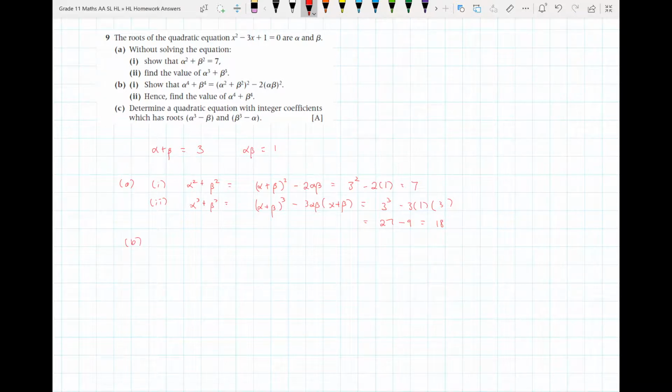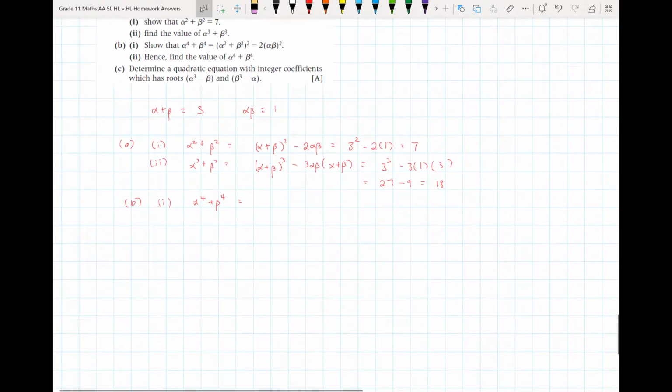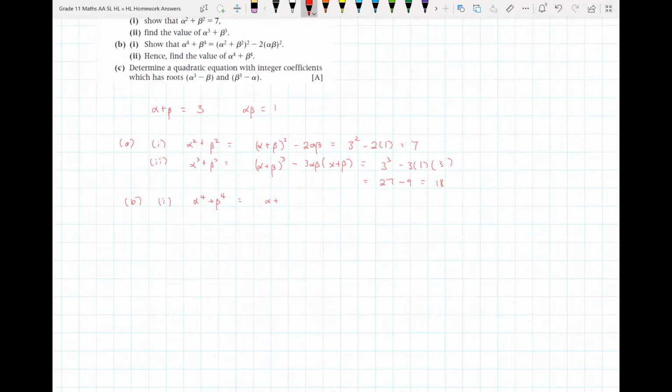Part B, that's something new. We need to show that the sum of the quartics is this. So actually, the hint is quite obvious. What you want to do is you're pretending.